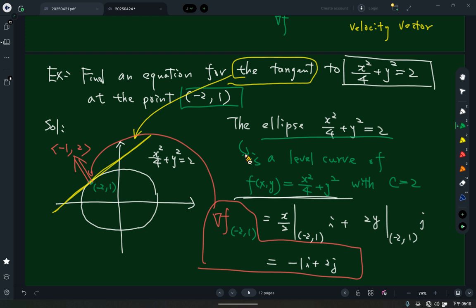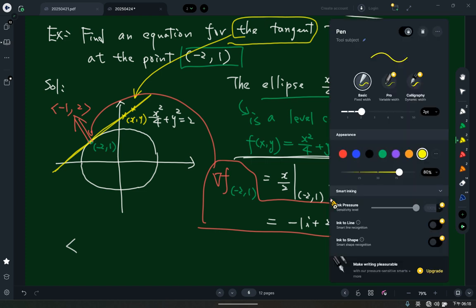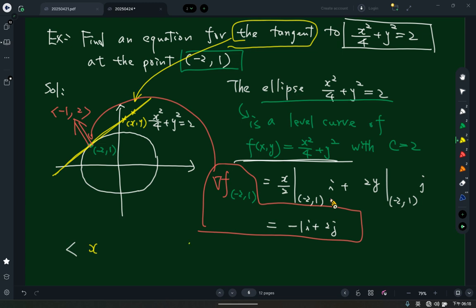So if we want to express the yellow line, for any point (x, y) on this line, in this direction, when we calculate its vector minus (-2, 1) and take the inner product with its gradient vector, it should be 0.